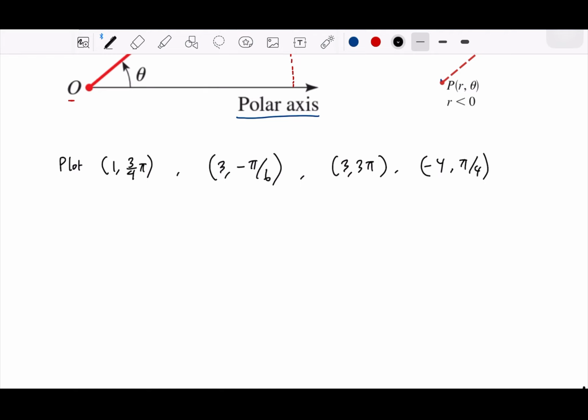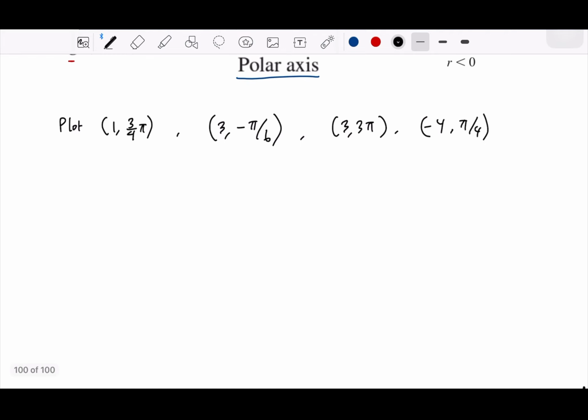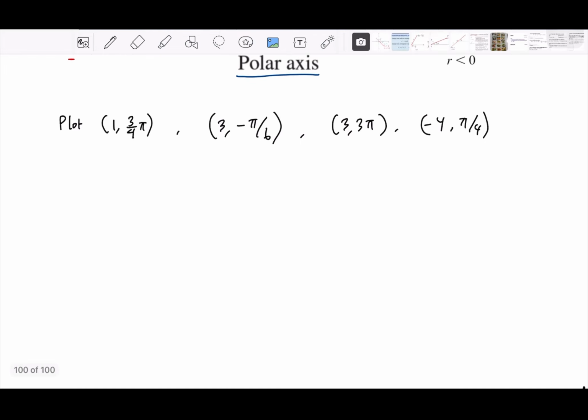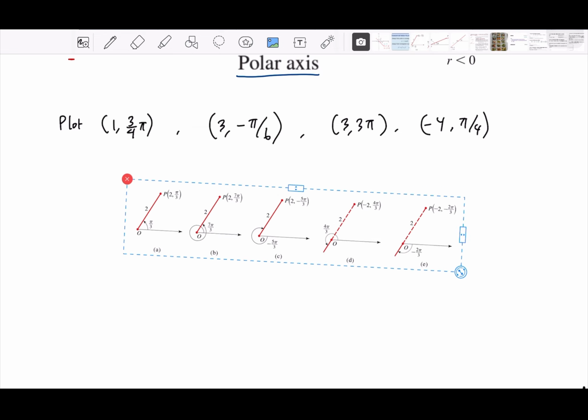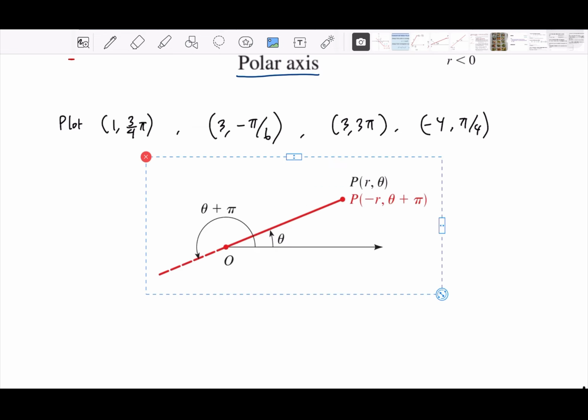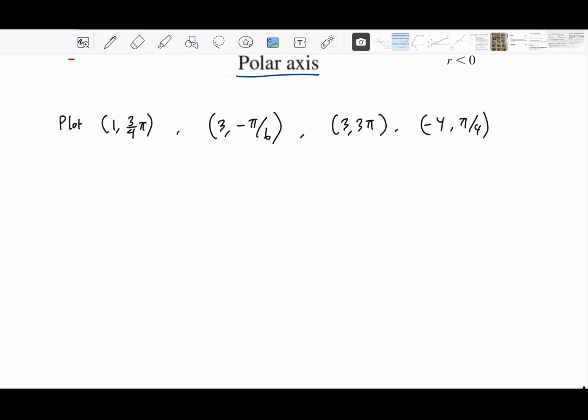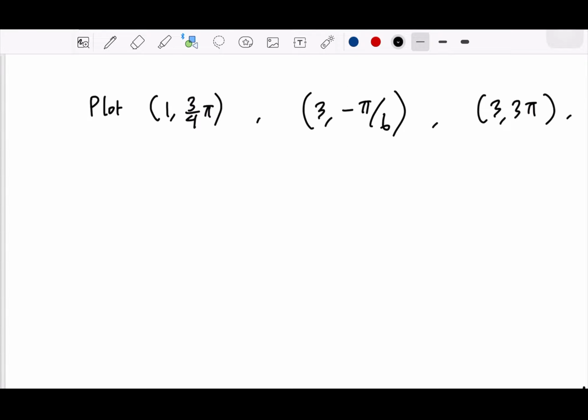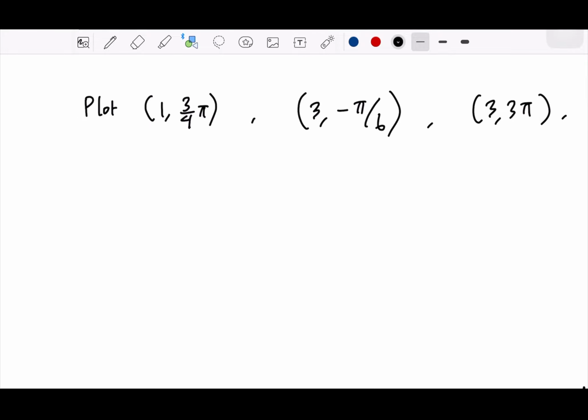But let me just give you directly how it looks based on our picture here. Well, let me draw one by one. So 3 over 4 pi. Let me start with the polar axis.